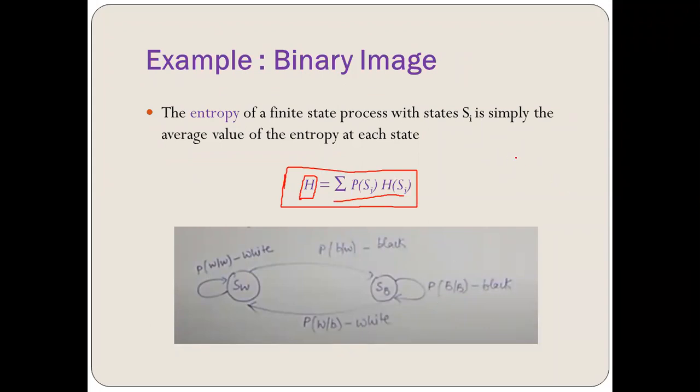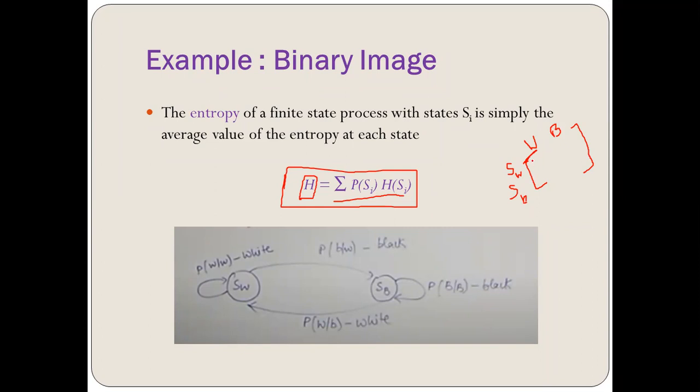We can also define it in equation form. It can be in the matrix form. We can say that we have state W and state black, pixel W and pixel black. We have already seen that there is the probability of white coming after white.